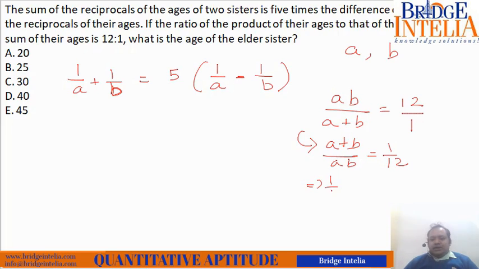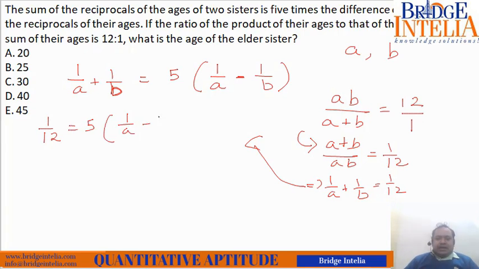So from here 1 by A plus 1 by B is equal to 1 by 12. You can substitute this here: 1 by 12 is equal to 5 times 1 by A minus 1 by B. So from here 1 by A minus 1 by B comes out to be equal to 1 by 60. So let's see.